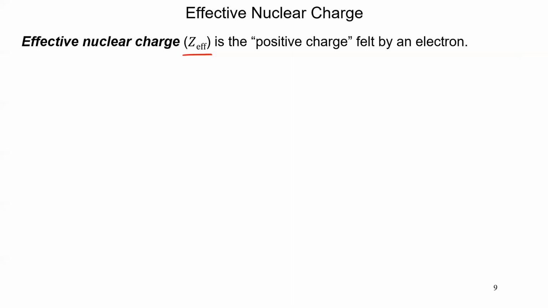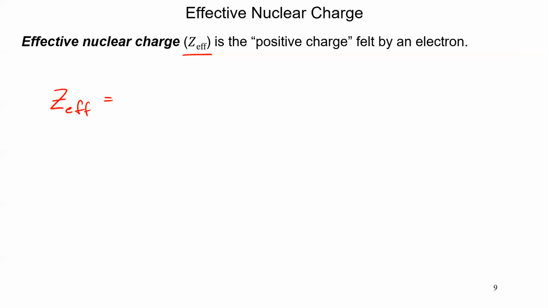And so that's the positive charge of the nucleus. Z effective is essentially the charge felt by an electron, and usually we care most about that outer valence electron.